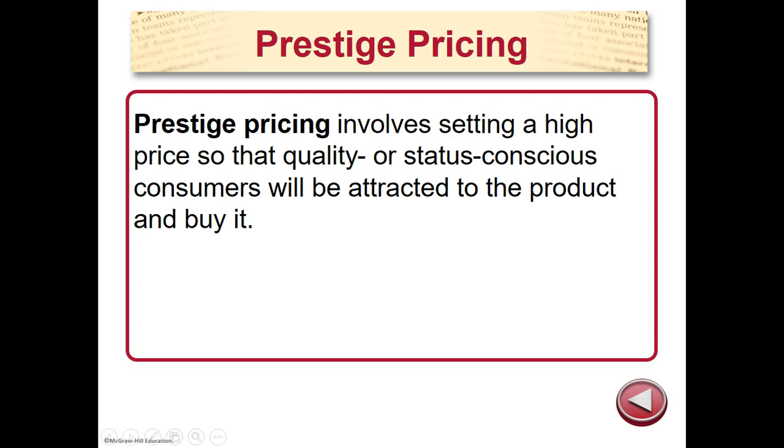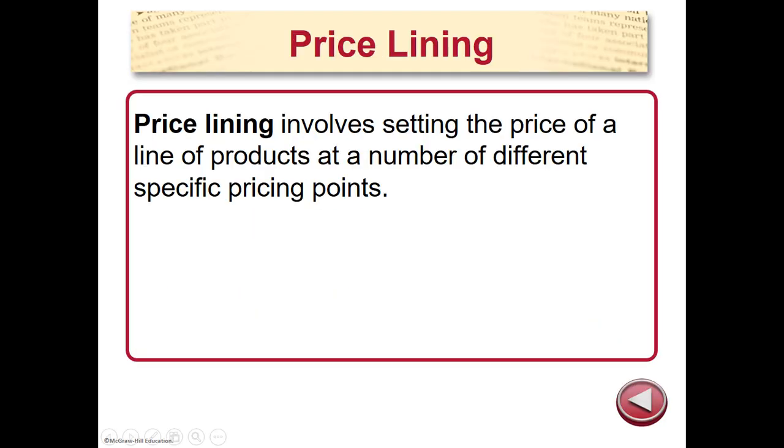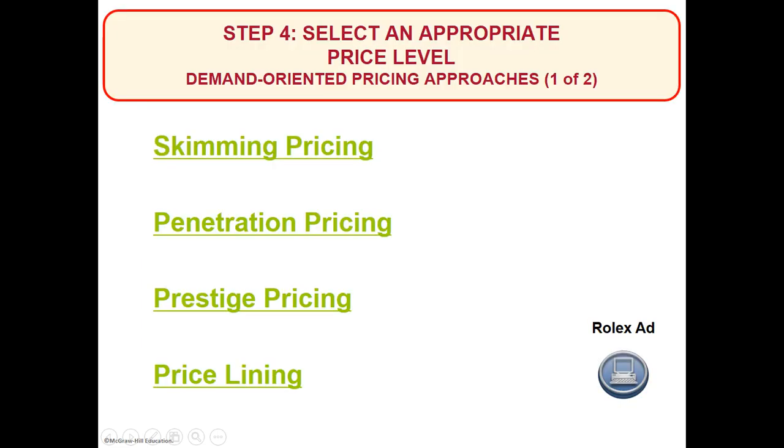And price lining involves setting prices of a line of products, not just one, at a number of different specific price points. That's also used by companies that offer different lines of products.